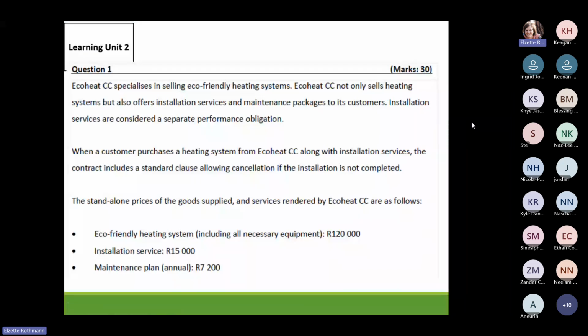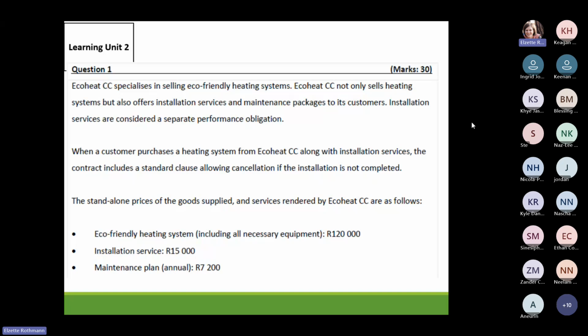Okay, so in the 2024 paper, question 1, they tell us that EcoHeat CC specializes in selling eco-friendly heating systems. EcoHeat CC not only sells heating systems, but also offers installation services and maintenance packages to its customers.